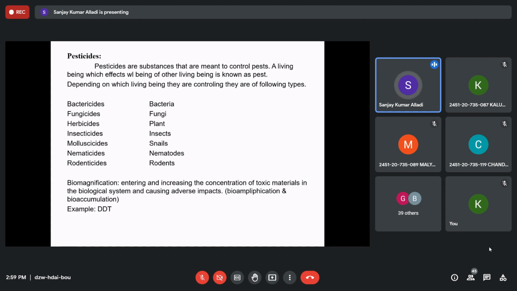Then the rest of the world banned DDT, but after a long time, India also banned it. So now you can find DDT in India not in the laboratory or drugstore, but in Indian people's blood. So this is how biomagnification occurs, right?